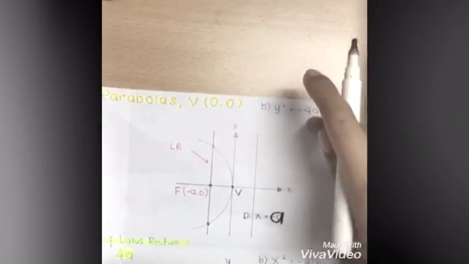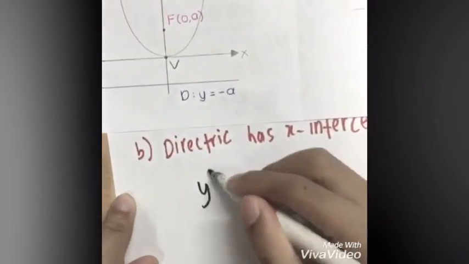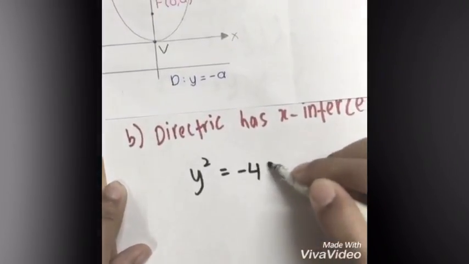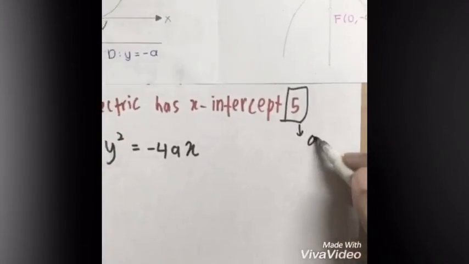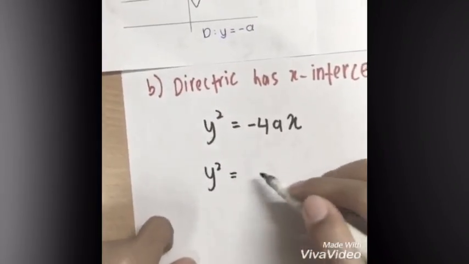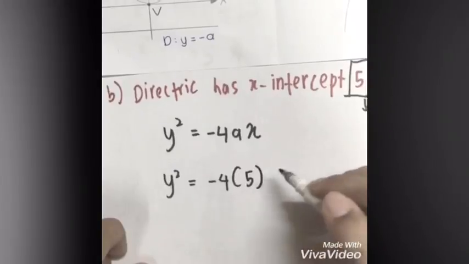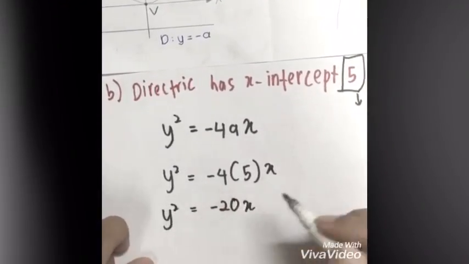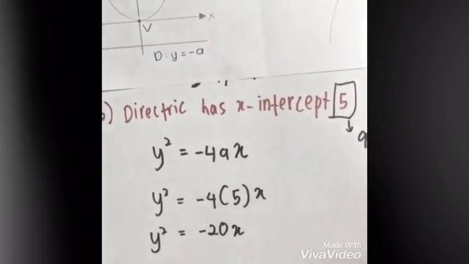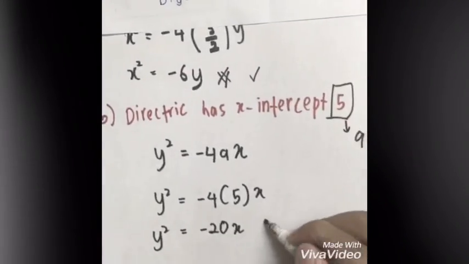So we put this into the equation y squared equal to negative 4ax, and 5 is the value for a. So y squared equal to negative 4 times 5x, equal to negative 20x. This is the correct equation of the parabola for this question.